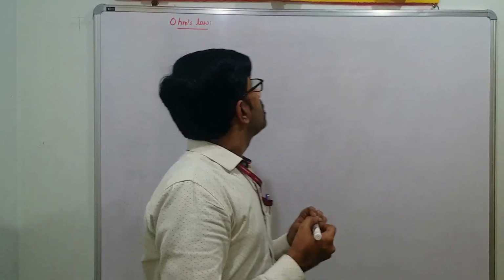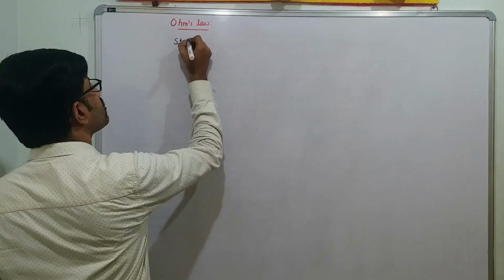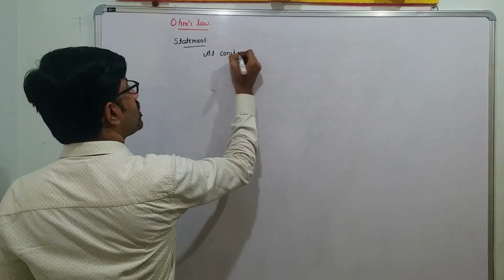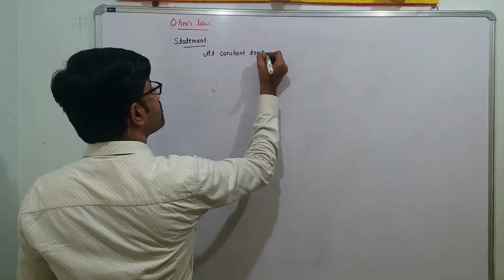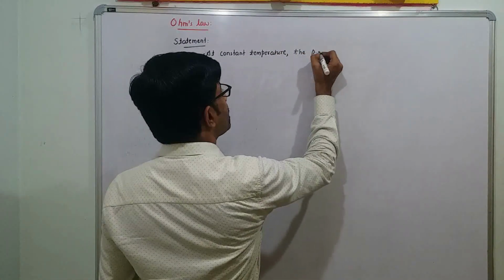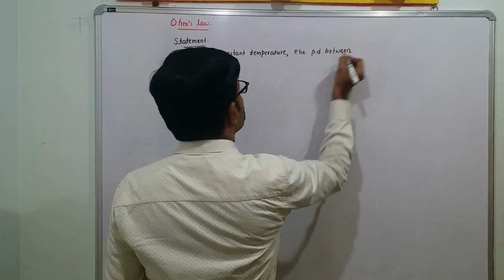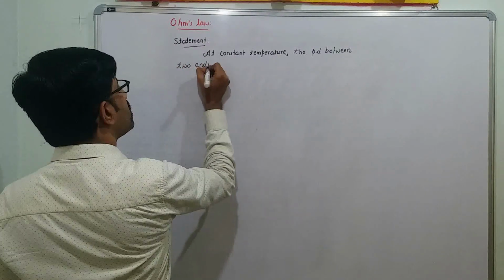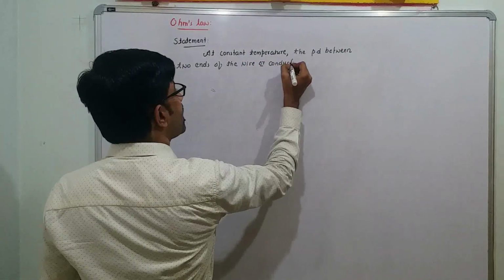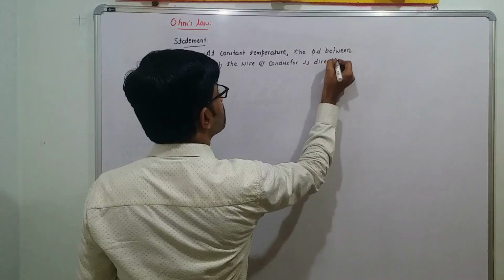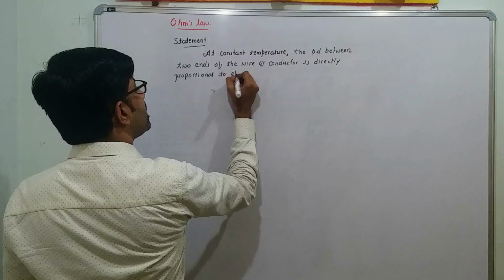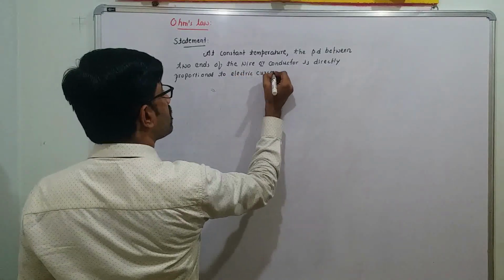Let us state Ohm's law. At constant temperature, the potential difference between two ends of the wire or conductor is directly proportional to the electric current flowing through it.